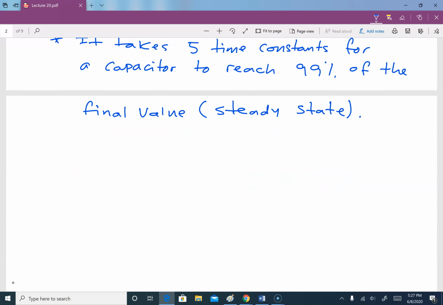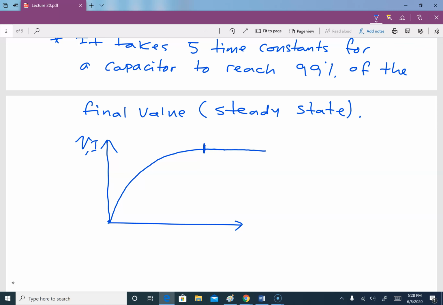So usually the response of a voltage or a current, if the capacitor is charging, will look like this. From this point on, let's say it is steady state.